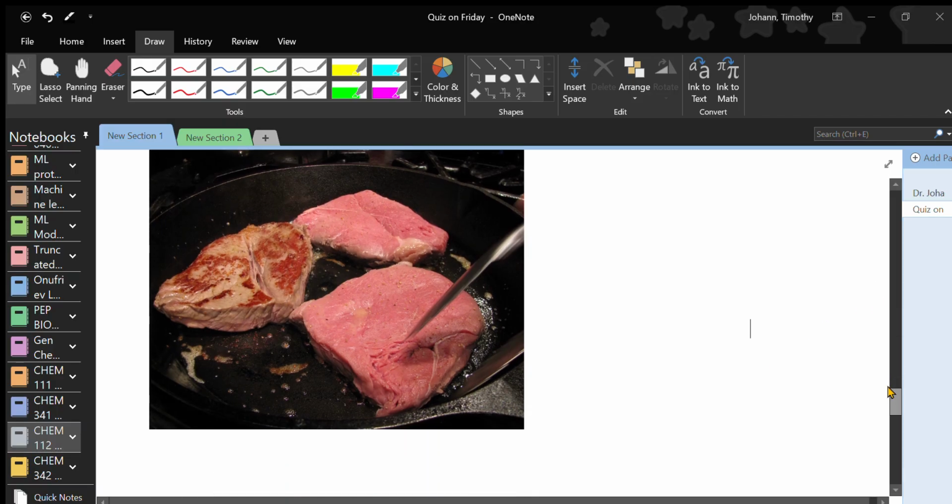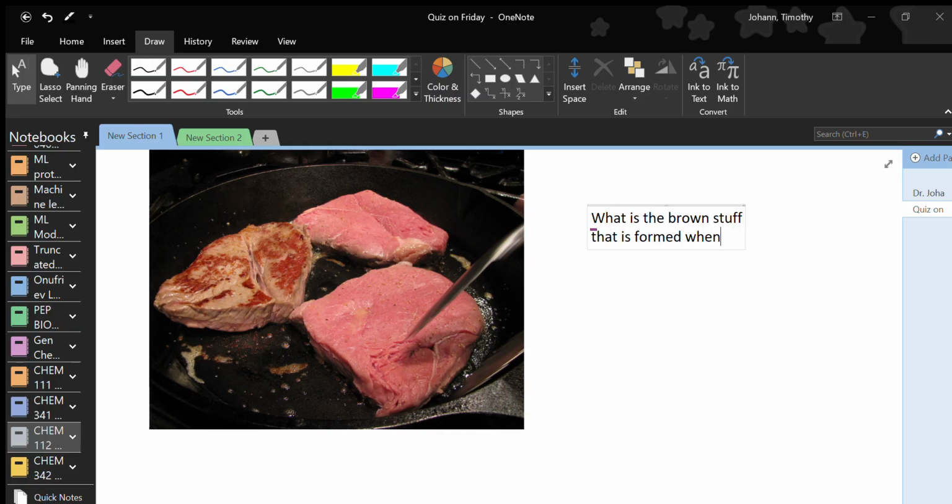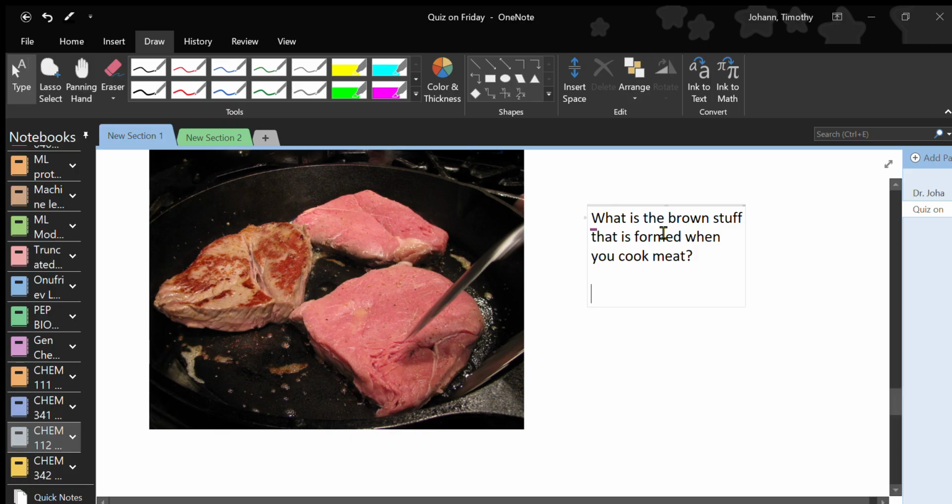What I want to talk about, though, is what is this stuff? So we get this brown stuff and we like it, right? What is the brown stuff that happens when you cook meat? This is something called a Maillard reaction.